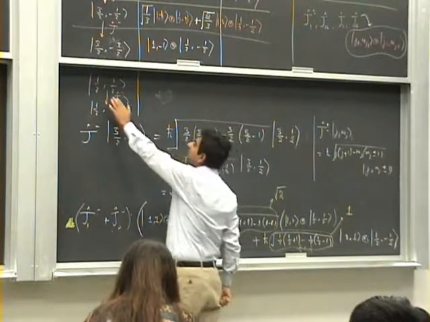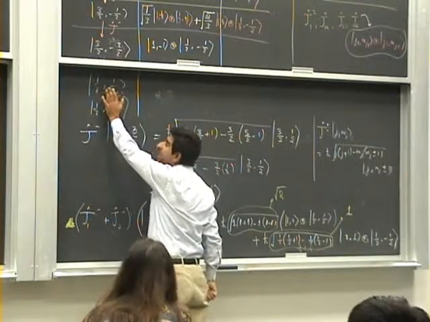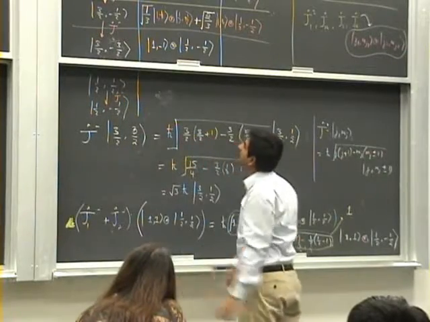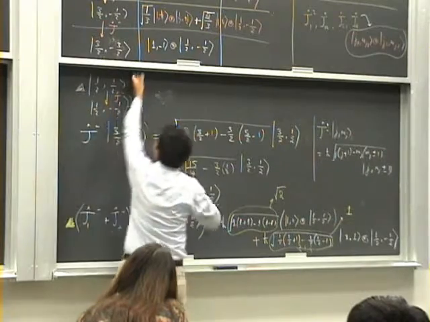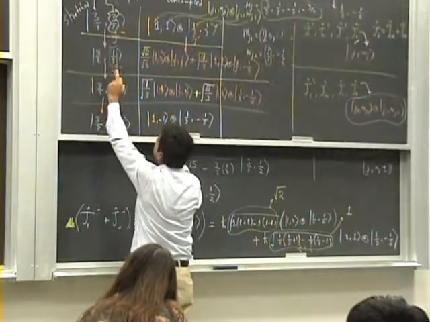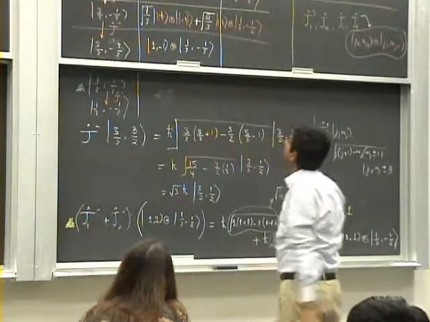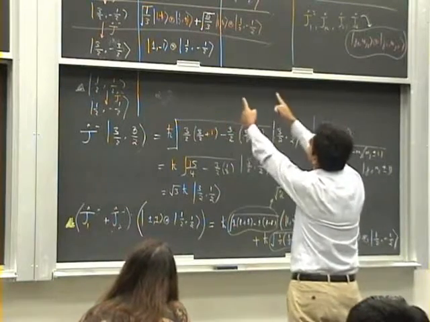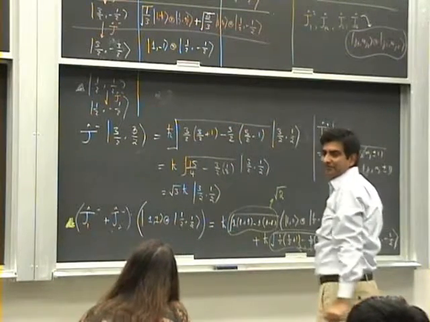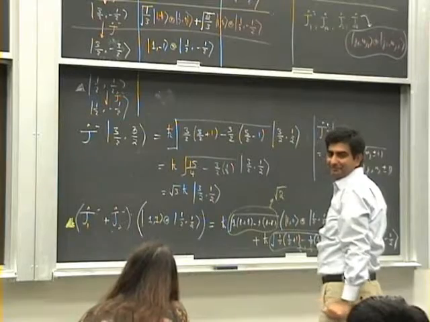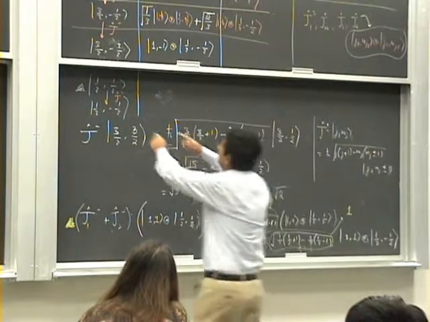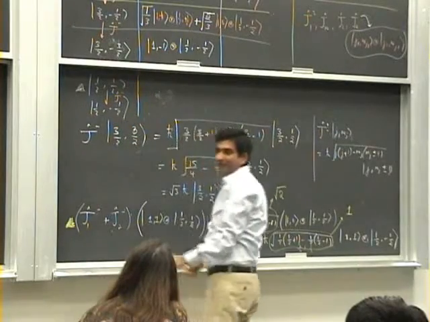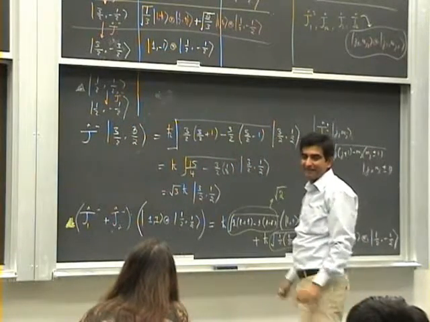Now, how do I find this state? If you compare this state with this state, these states have the same value of mj. So they must comprise the same combination of the direct products. However, the two states must also be orthogonal to one another, because they are basis states.